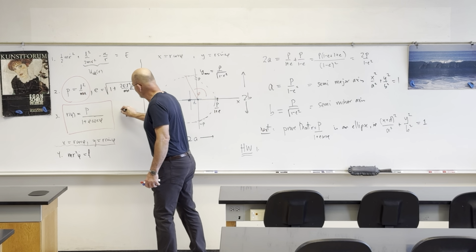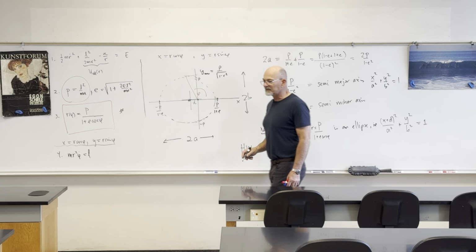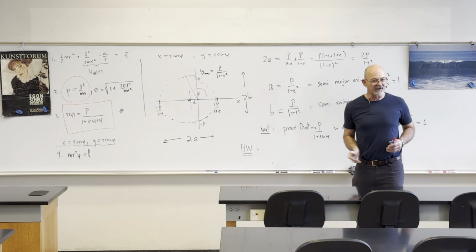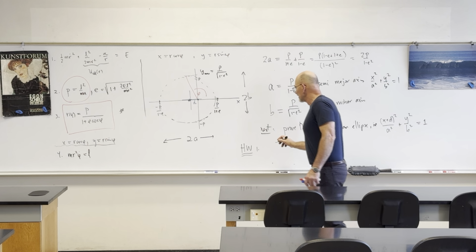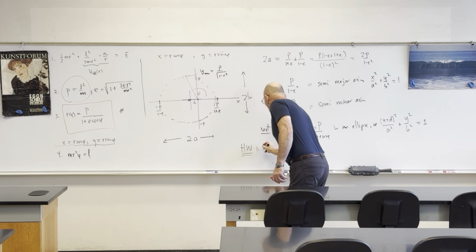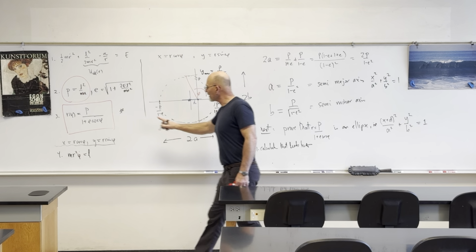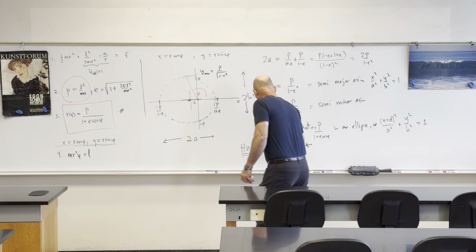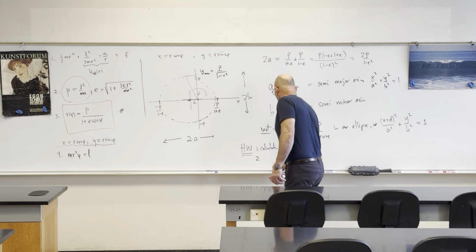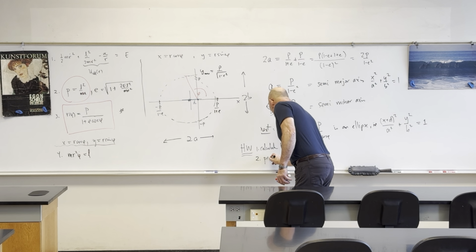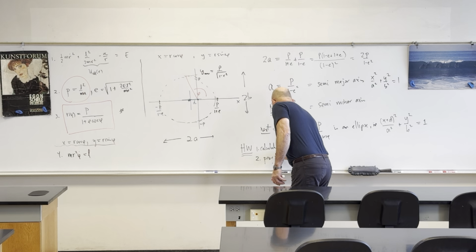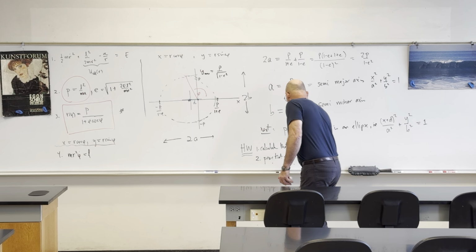Reproduce it on another sheet of paper and make sure you really understand every step. That is the calculation that leads to what we're calling star, the r of theta. And then the second part is to prove that this equation star is an ellipse.